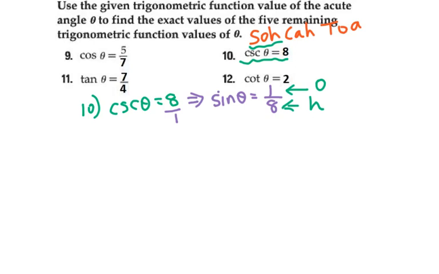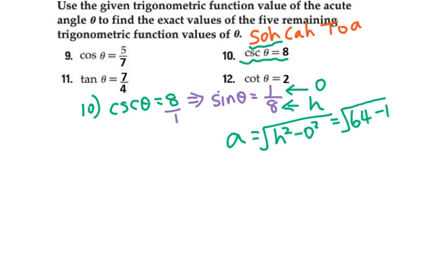So for the right triangle, we know that the adjacent side equals H squared minus O squared. So you will get 64 minus 1, then you do the square root. You will get 63. And using these numbers, 4, 9, 25, 49: can 63 be divided by 4? No. Can we divide it by 9?